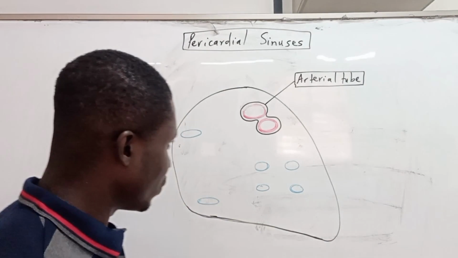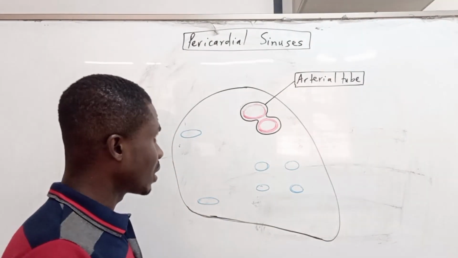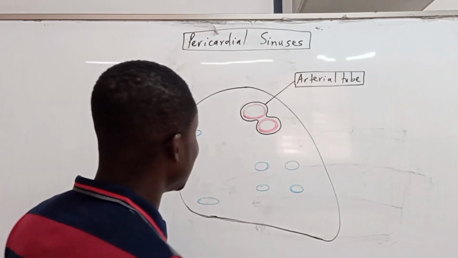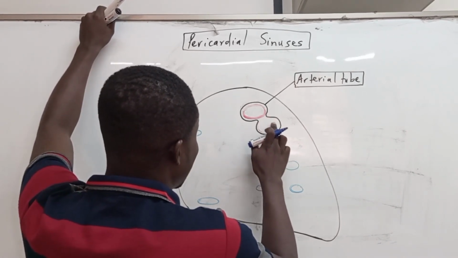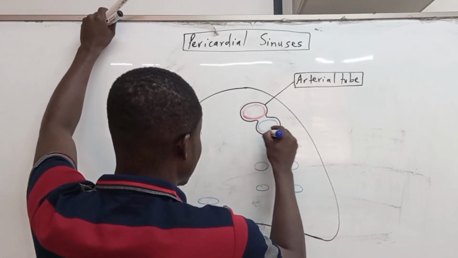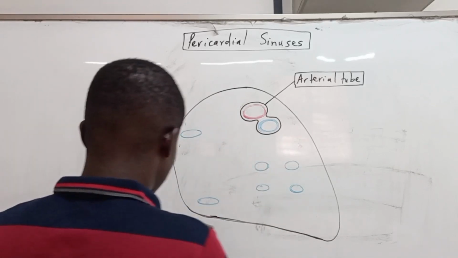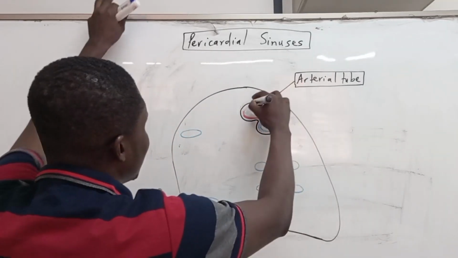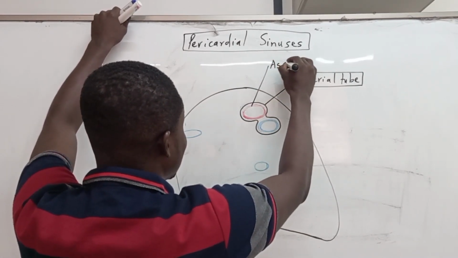Now let me make some change over here. The pulmonary trunk carries oxygen-poor blood, so let me use blue to show this one. This one over here is my aorta, precisely the ascending aorta.